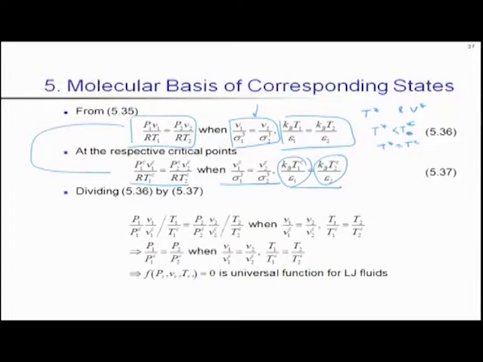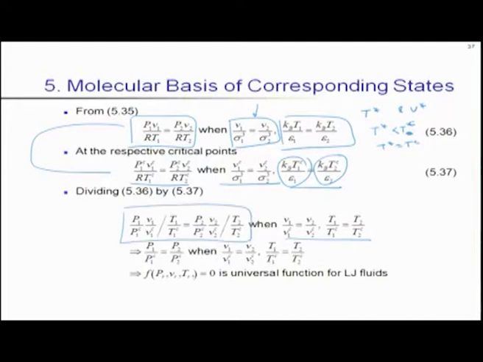When we divide, what I get is P1 V1 T1 over P1C V1C T1C on the left, and P2 V2 T2 over P2C V2C T2C on the right, which is the ratio corresponding to V1 by Vc, V2 by Vc, and T1 by Tc, T2 by Tc. You can show that this is the case.